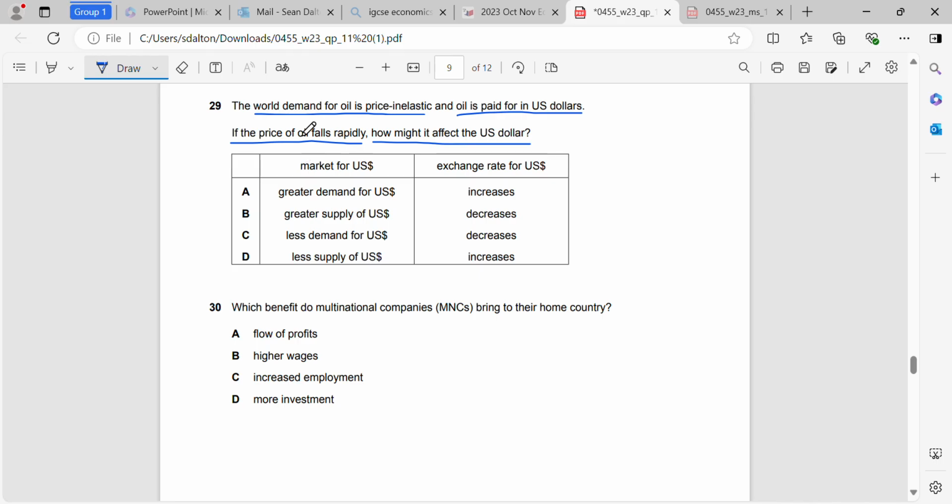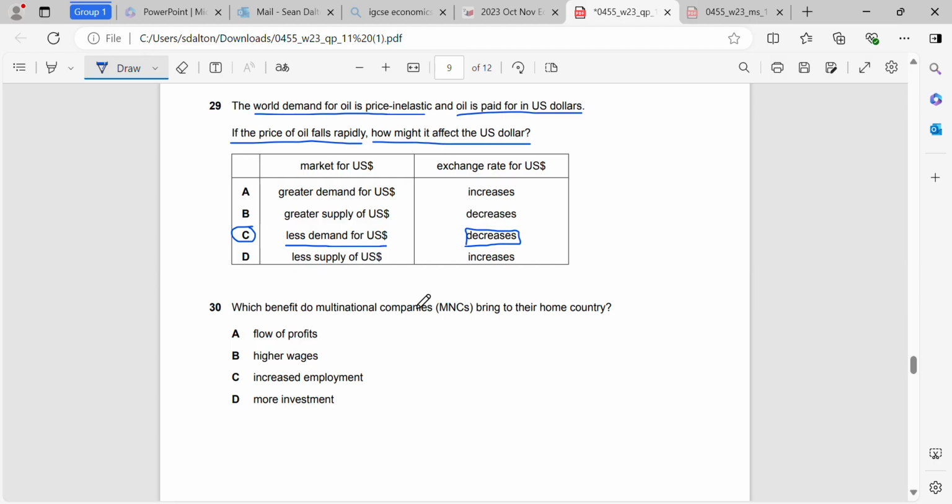However, if the price of oil goes down, right, and oil is paid for in US dollars, there will be less demand for US dollars. And if there is less demand, then that means that the exchange rate will depreciate. Okay, so C is the correct answer.